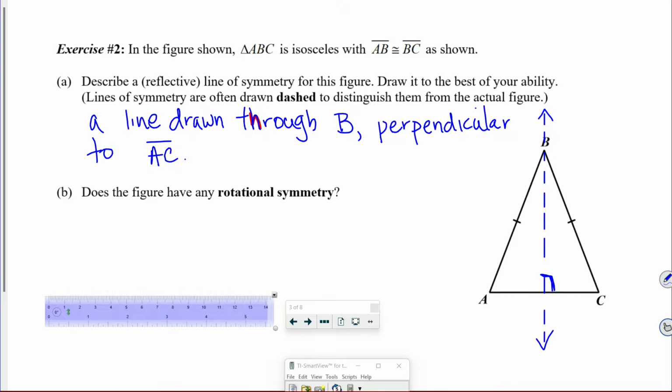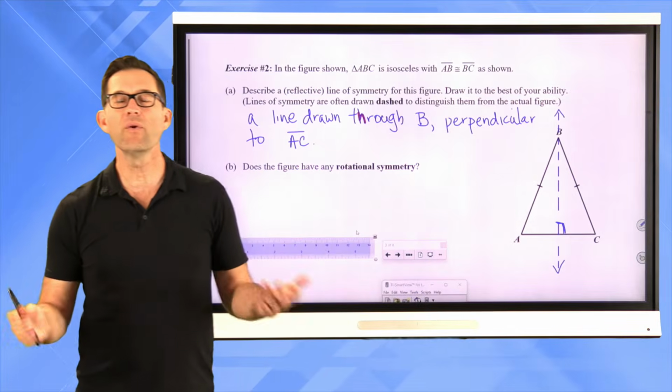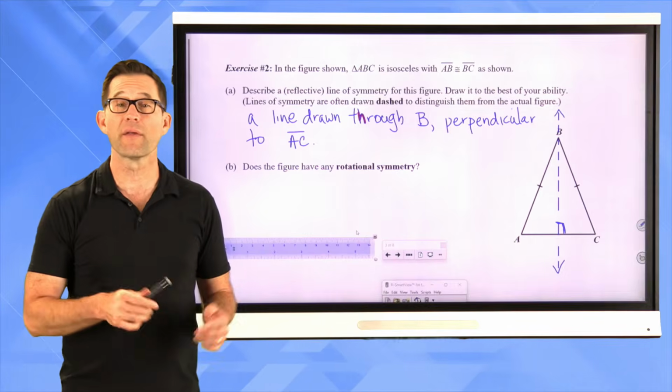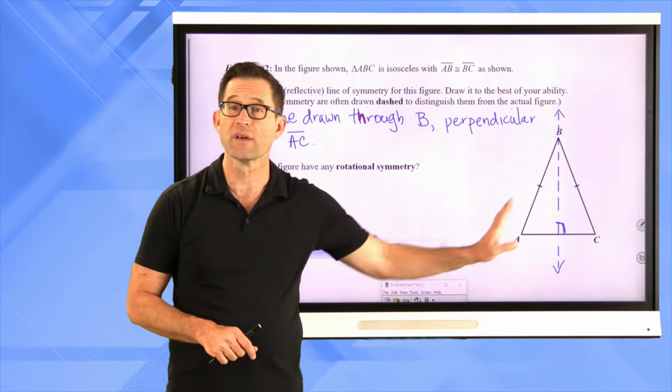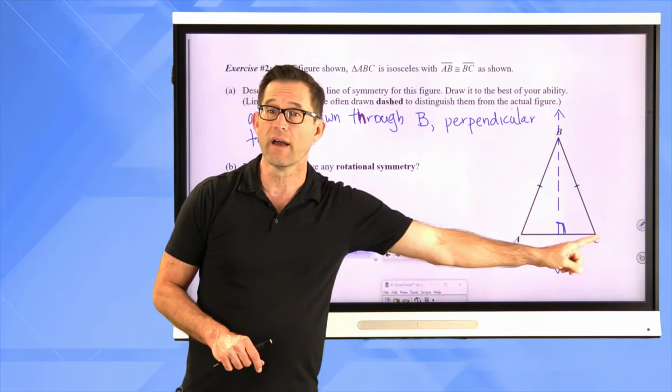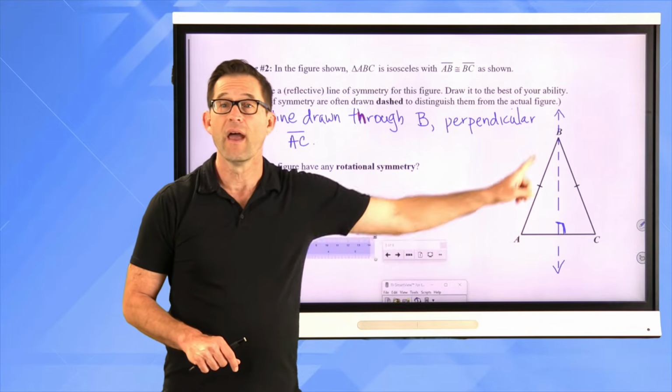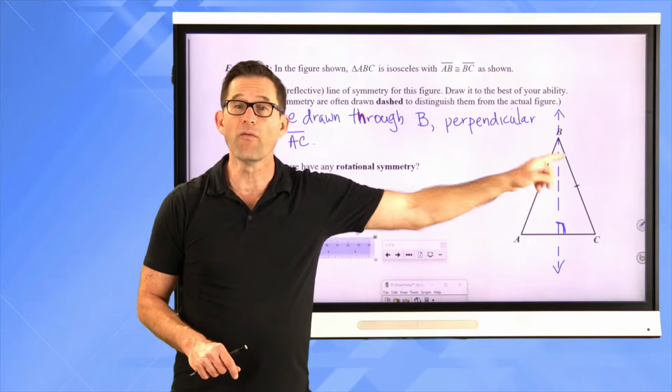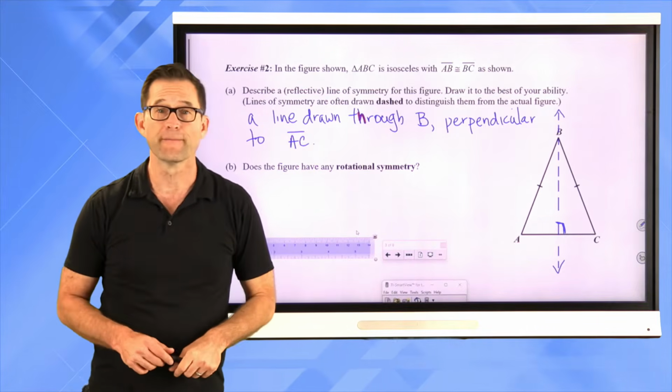So it's that particular line. All right, and we know that that's a line of symmetry. We've talked about this on the day with the isosceles triangles, right? If I reflect that figure across that line, C is going to map to A, and of course B is going to map to itself because it lies on the line of symmetry.